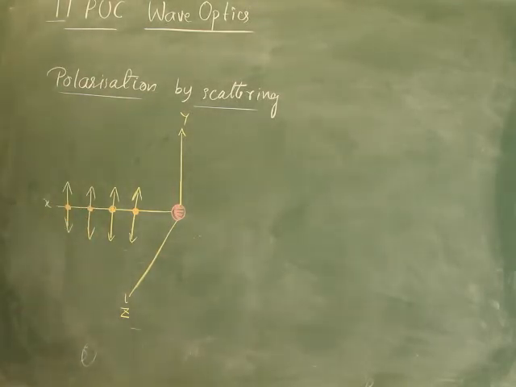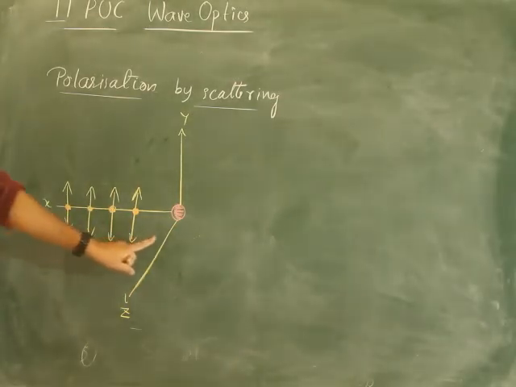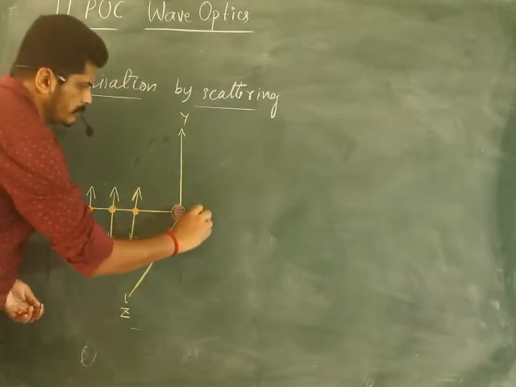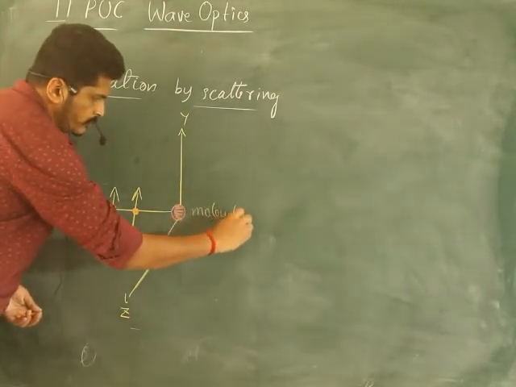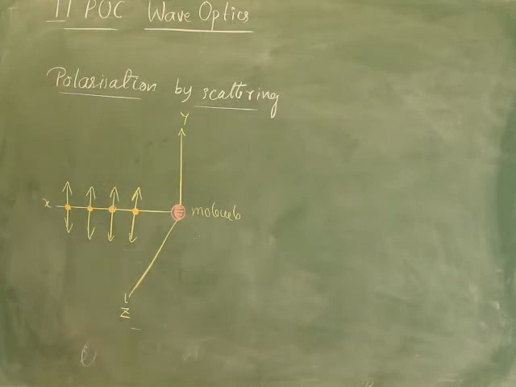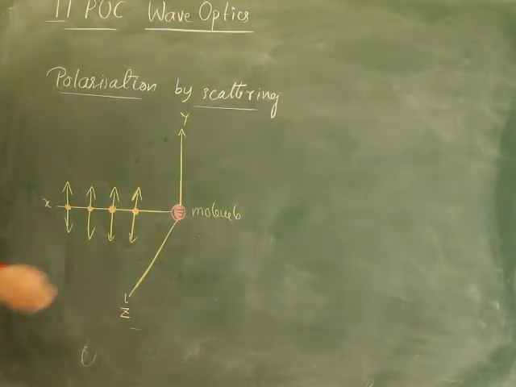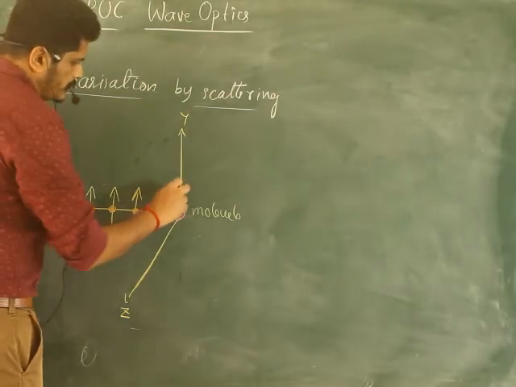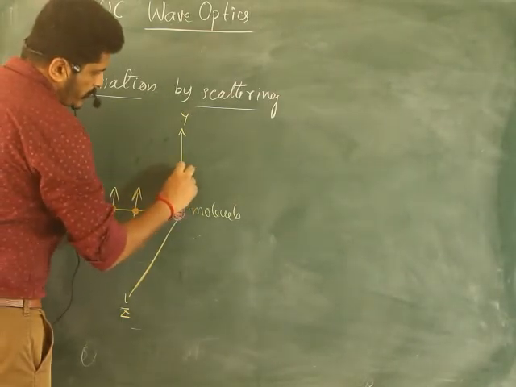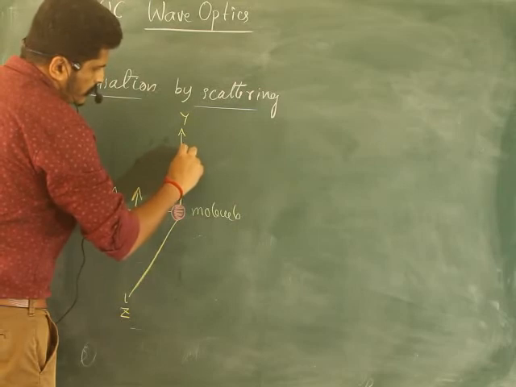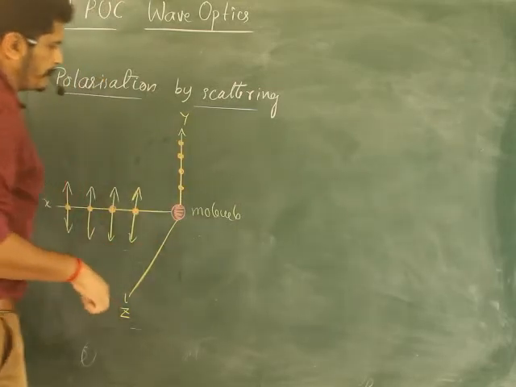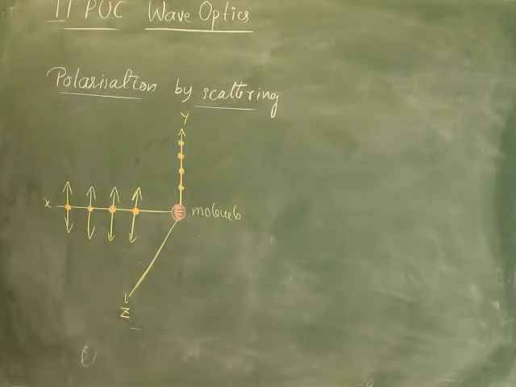So once unpolarized light is incident on a single molecule, we will write this is the molecule, scattering takes place. When scattering takes place, the light which goes along the Y plane, you can see here, is completely polarized. That's what experimentations explain. What about the remaining one?